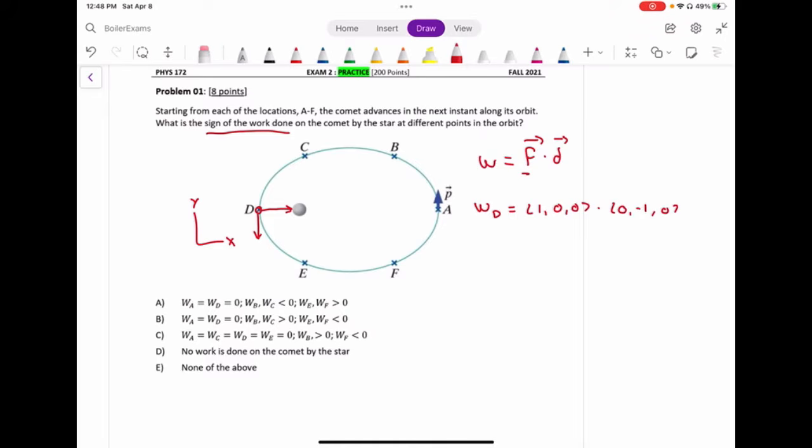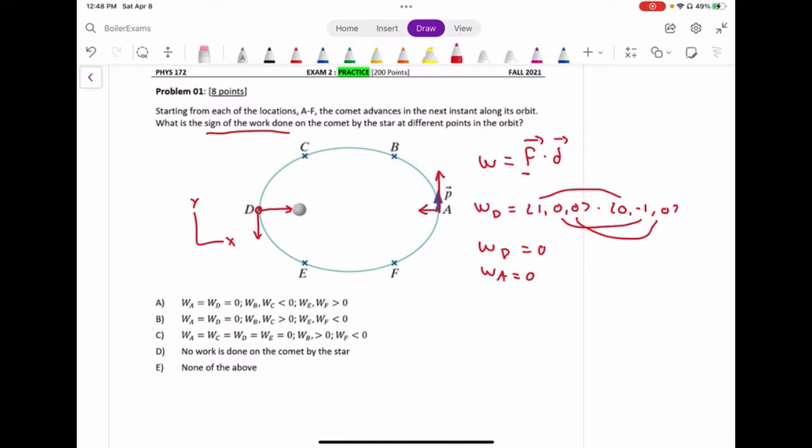And then the way we take our dot product, you multiply each of the same components and then add them up. When you do that, you get 1 times 0, plus 0 times -1, plus 0, which is 0. So our W_D is going to be 0. If we do the same thing at A, that will be our displacement vector, force in that direction. So the work at point A is also 0.